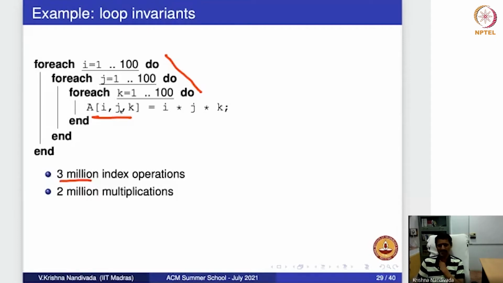Because A sub ijk is same as A sub I, then sub j, then sub k. So this is 3 million index operations, 2 million multiplications.